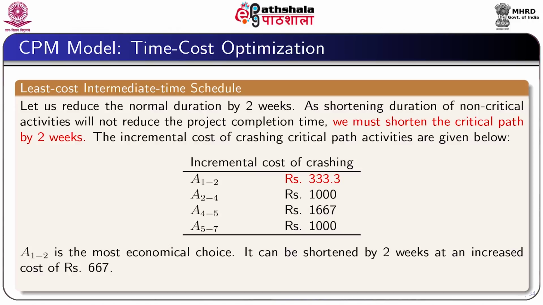Similarly, the incremental costs of crashing activity 2 4, 4 5 and 5 7 are respectively rupees 1000, 1667 and 1000. Here activity 1 2 is the most economic choice, therefore, it can be shortened by 2 weeks at an increased cost of rupees 667.